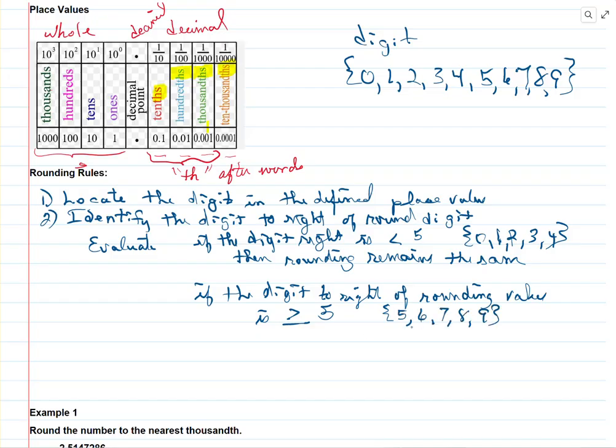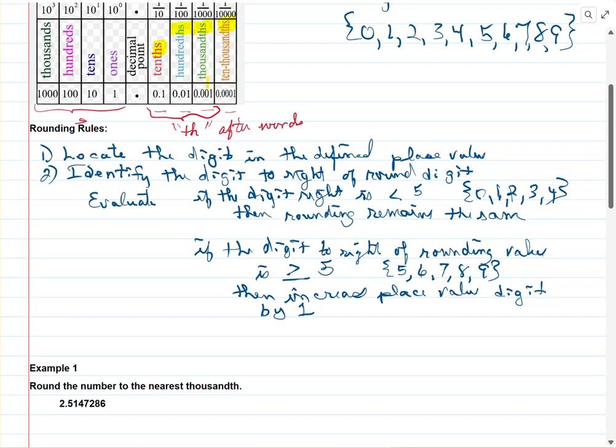If it's one of these digits, then increase the place value digit by 1. So now we've rounded to the place value.